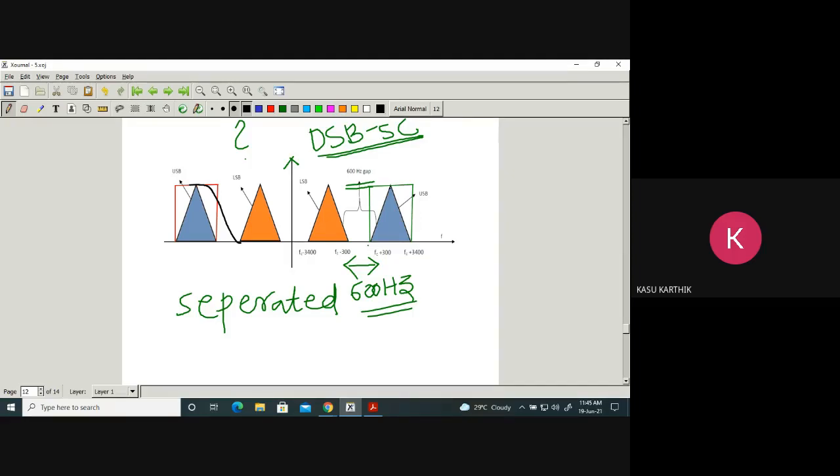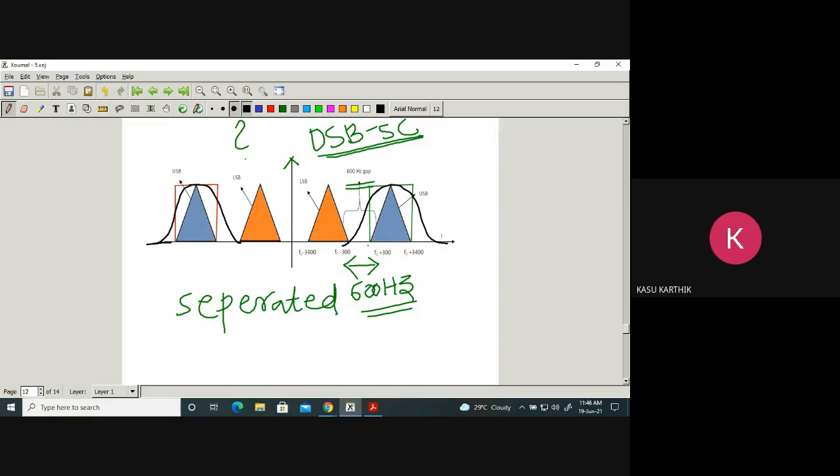Even if the filter is not ideal and has a gradual roll off or a transition band, still we don't have any problem. You can still separate the sidebands because they are not touching each other.